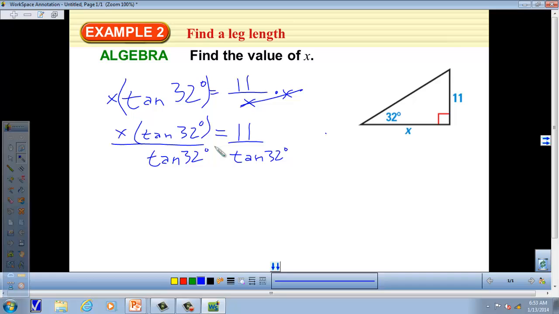So we say 11 divided by tangent 32, and we should get 17.6. So those cancel. We get x is equal to, if we round to the nearest tenth, 17.6.